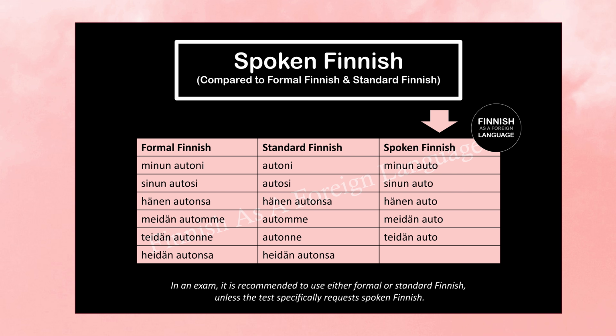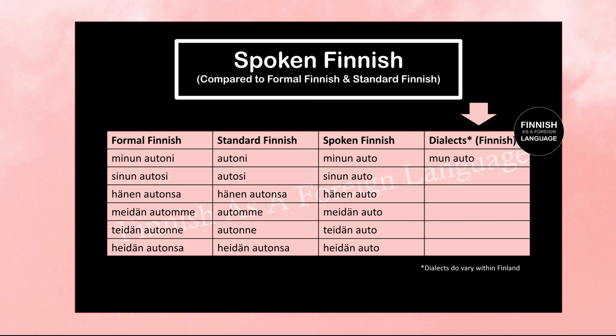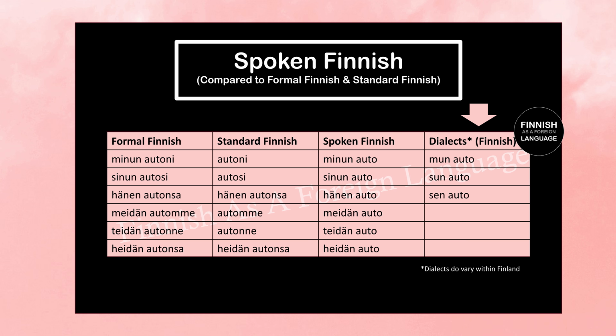Heidän autonsa, heidän autonsa, heidän auto. As you see here, no matter what kind of version you use, the third person pronouns hänen and heidän never get omitted. Now there are also dialects. For example, you can say mun auto, sun auto, sen auto, meidän auto, teidän auto, and heidän auto.